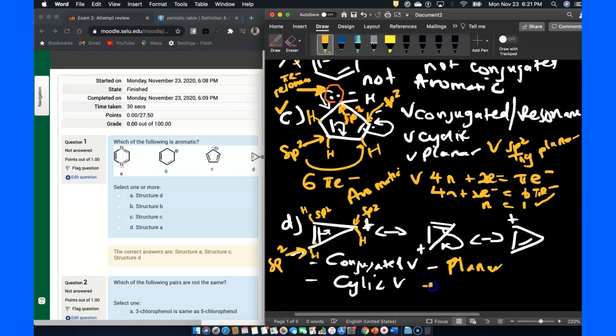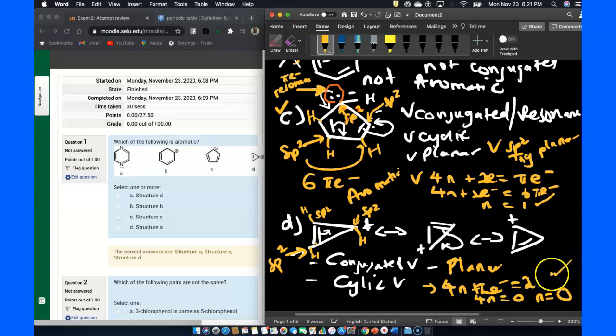And now we test for the main test, 4n plus 2 pi electrons. How many pi electrons do we have? We only have 2 pi electrons, which are in the pi bond. So in this case, n will be equal to 0.